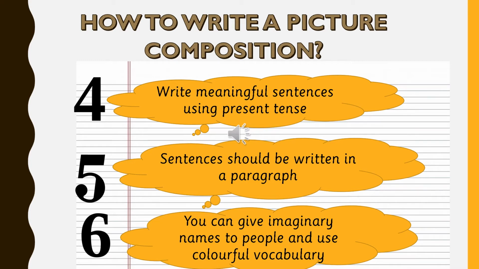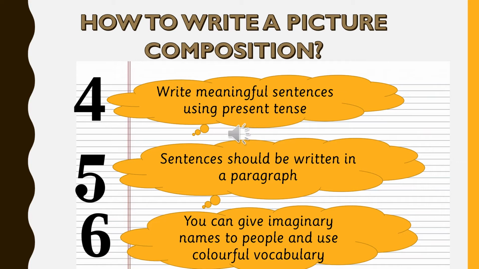Now, children, since it is a composition, a description about a picture, the sentences that you write by questioning yourself should be in the form of a paragraph. You are supposed to write it as a paragraph of 70 to 80 words.